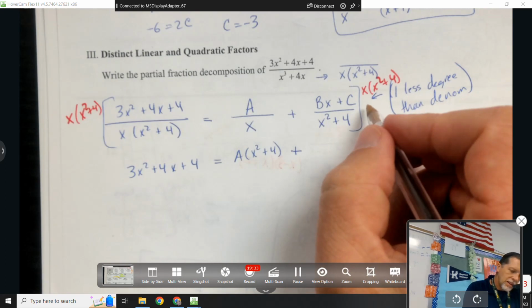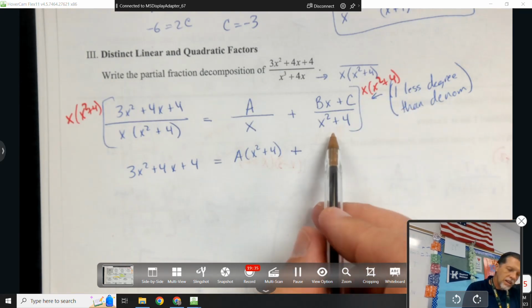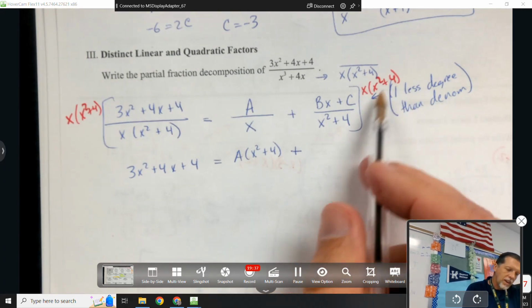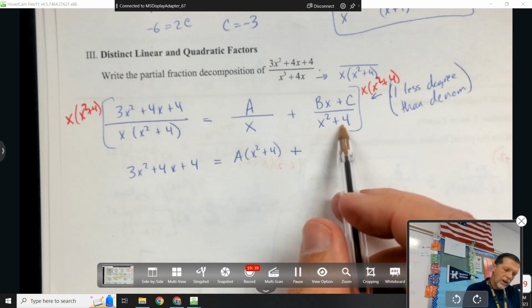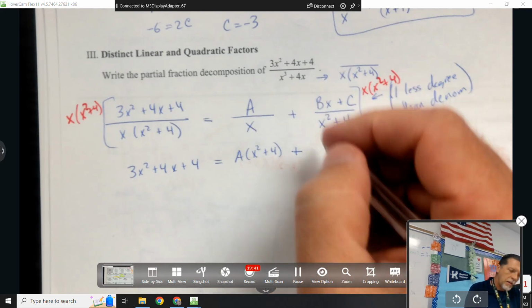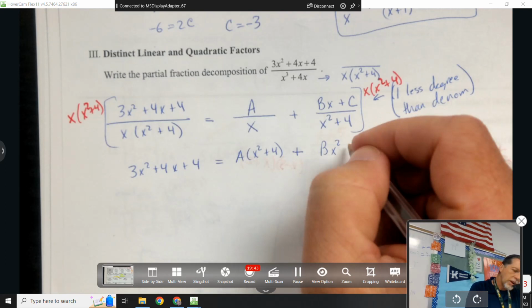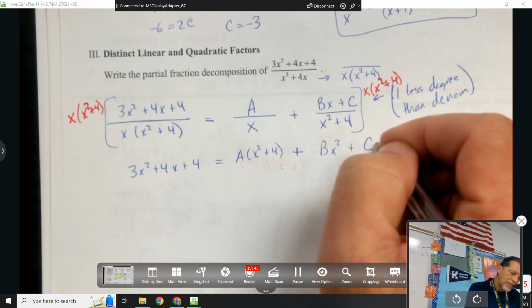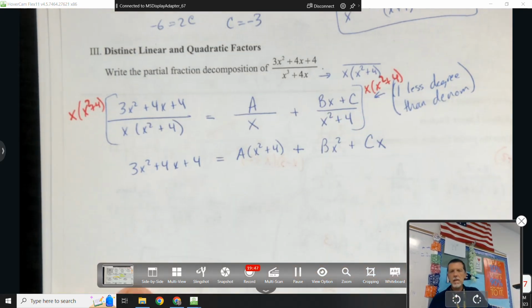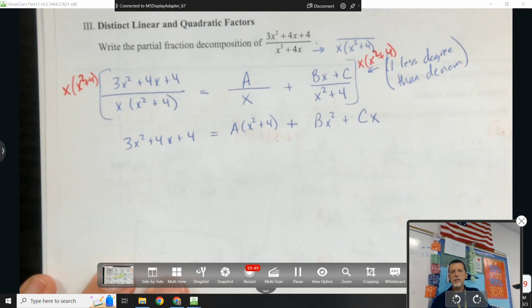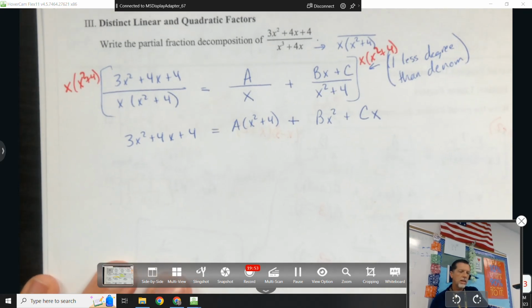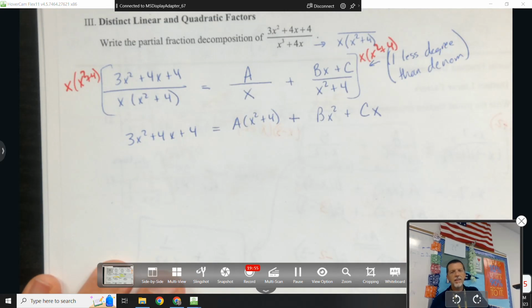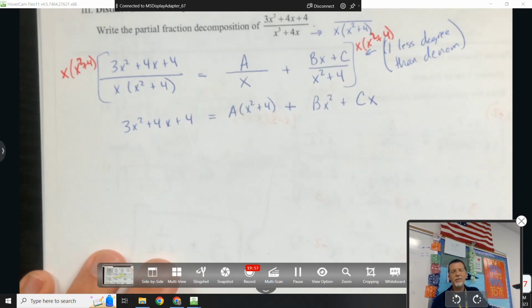And then in this one, the x squared plus 4 goes away. So I've got bx squared plus cx. You start peeking ahead, you realize there's difficulty on our horizon.